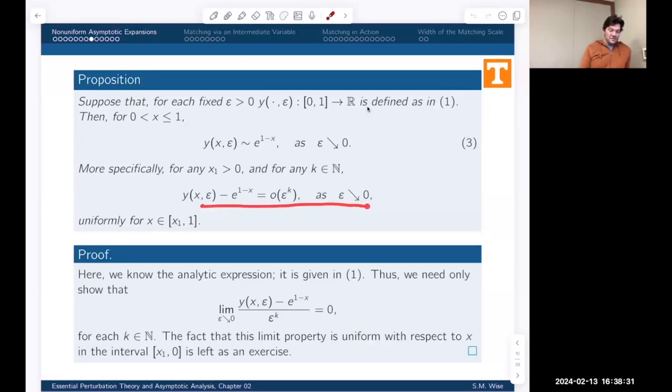So how would we show this? This is a statement that we can check very specifically. We go back to our definition. If we want to show that this is true, then this limit, as the function on the left over the function on the right, epsilon to the k, is equal to 0 for all x. So the question is, does this hold?